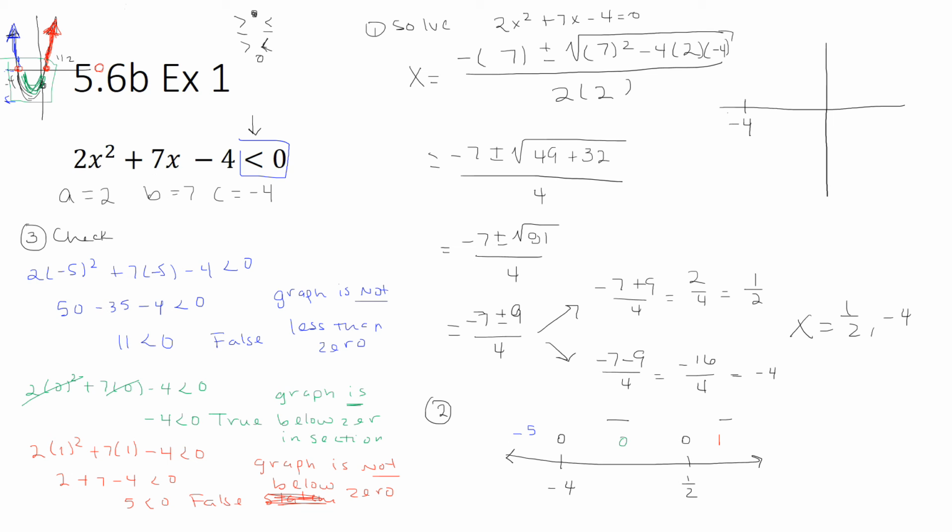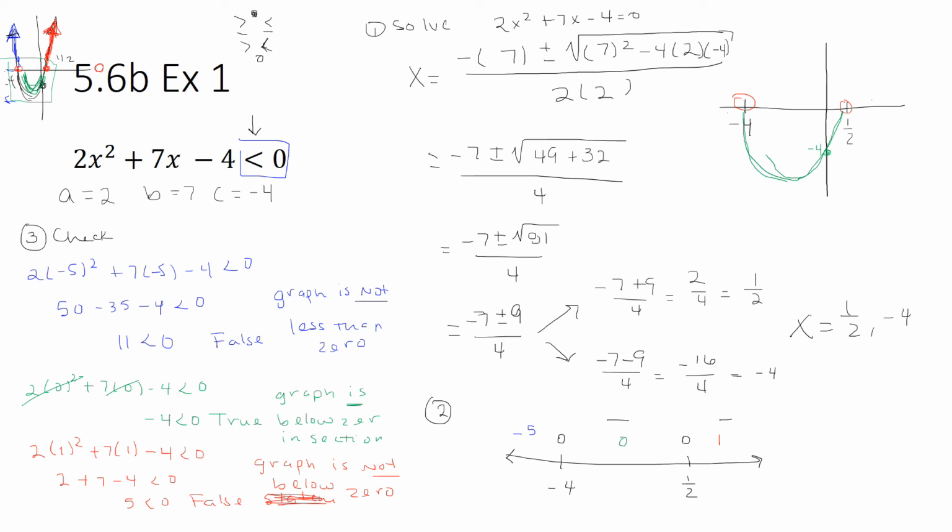We've got a 0 at -4 and at 1/2, okay, and they're open circles. So I have an open circle here and an open circle here. And the graph that is below 0, okay, it's going to cross at -4, is this section here in green.